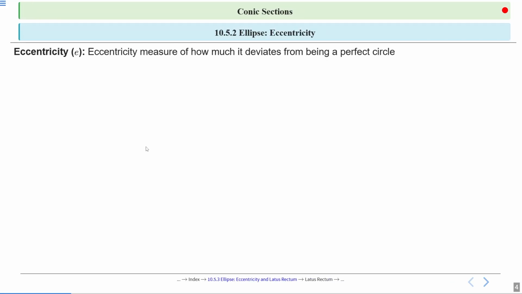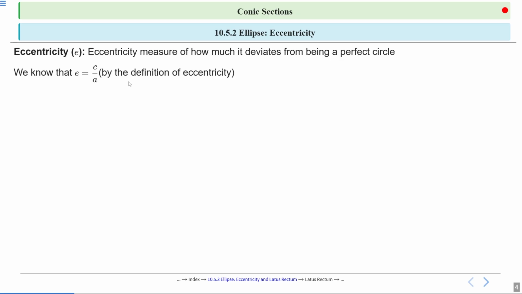So what is eccentricity? Eccentricity basically measures how much an ellipse deviates from being a perfect circle. Eccentricity is denoted by e, and we know that eccentricity e is equal to c upon a.